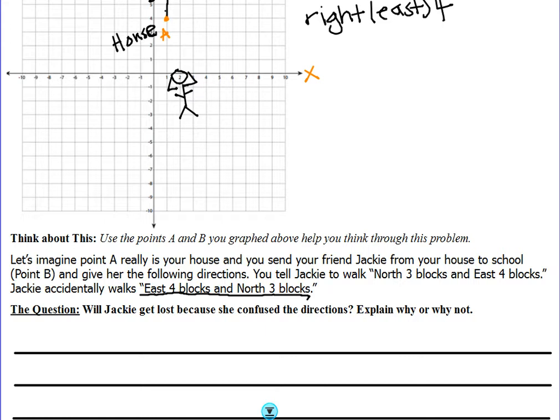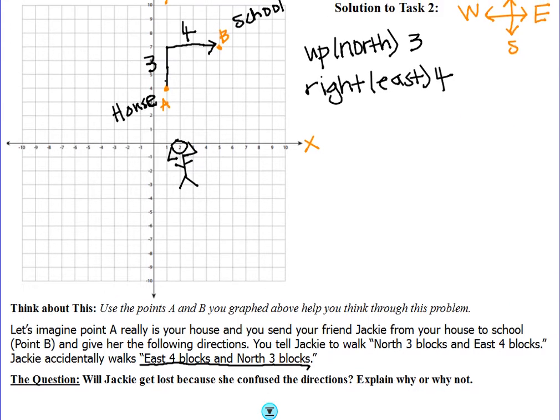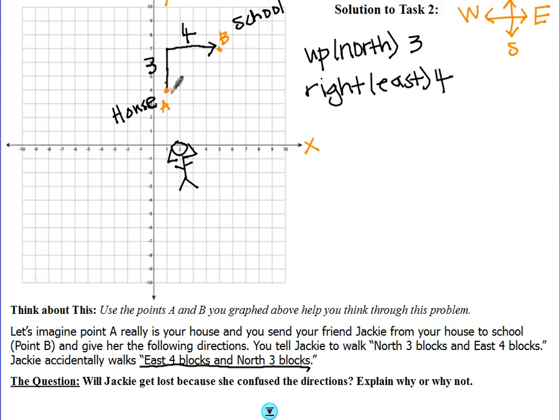Well, let's look at it. Let's try. So she's at point A, and if she goes east 4 blocks, that's to the right. So let's go to the right. 1, 2, 3, 4. So she would end up here. And then it says to go north 3 blocks. So then we're going to go up 3. 1, 2, 3.